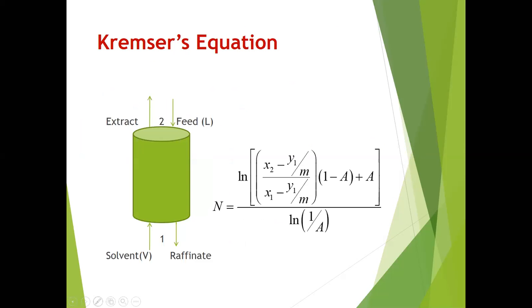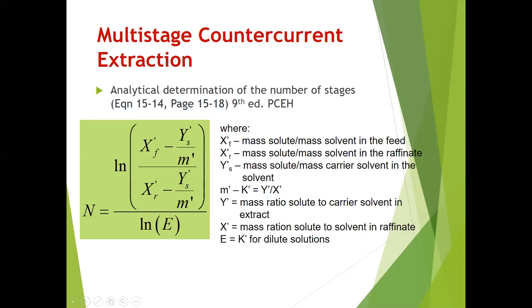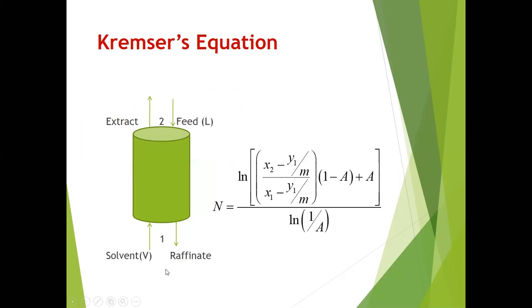Now, by the way, in this formula I'm using the McCabe representation of the Kremser equation in determining the number of stages. In McCabe, you have the concentrations at the bottom of the column as 1 and the concentrations at the top of the column as 2.